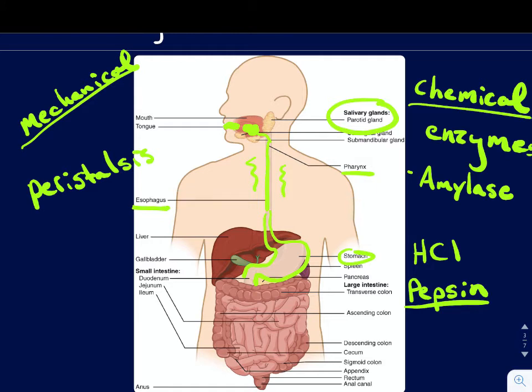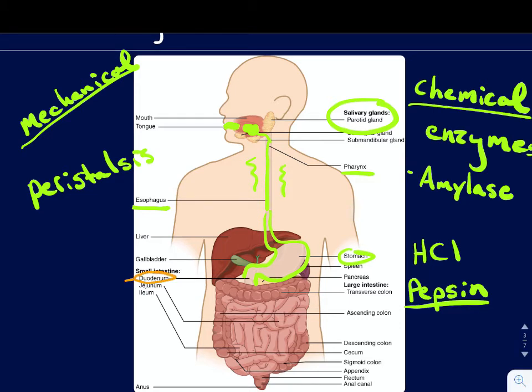So this is going to act on proteins. You're going to take proteins and break them down into smaller polypeptides, and then even down into amino acids that can be digested.